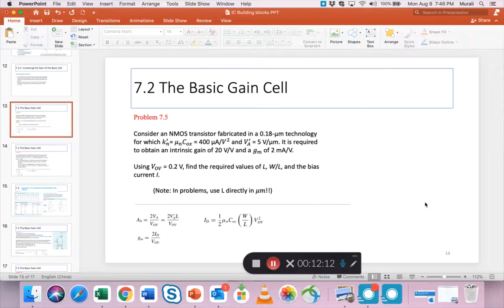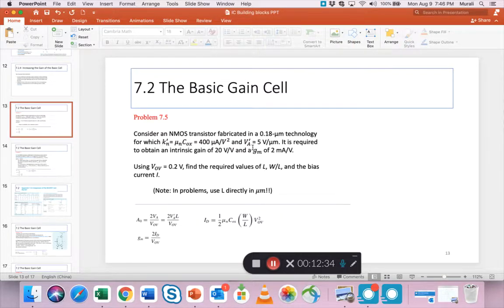So 7.5 is an example of an NMOS transistor gain cell fabricated with 0.18 micrometer technology, for which we are given these values.